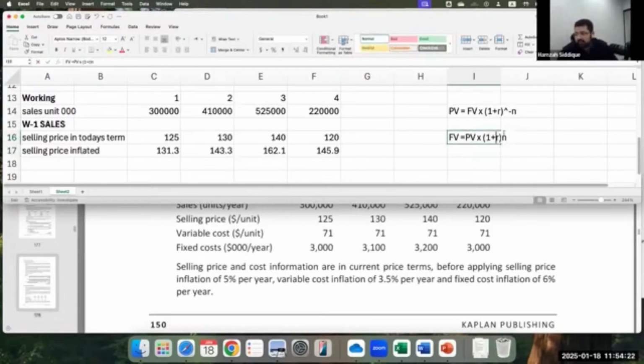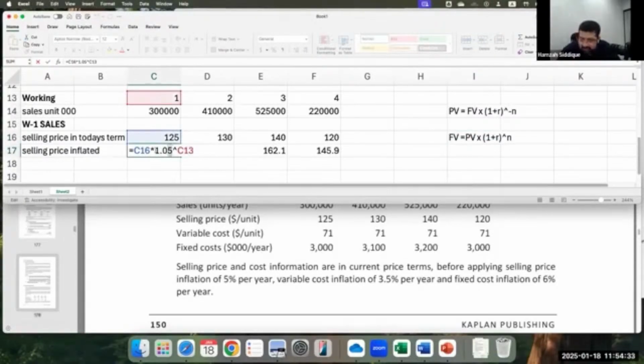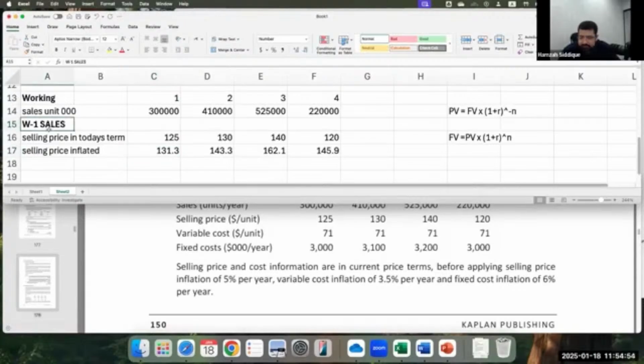Here today's value is this, and future value is inflated with the inflation rate raised to power n. This is present value. Is that clear now? Shamina? Huda? Is it clear? Good.